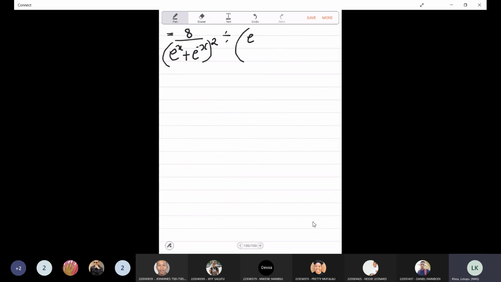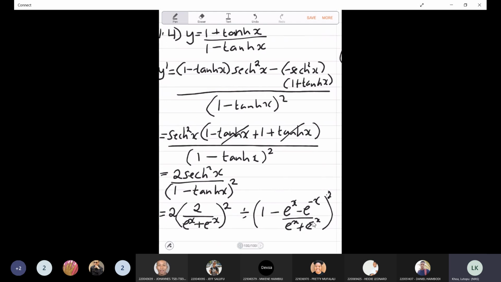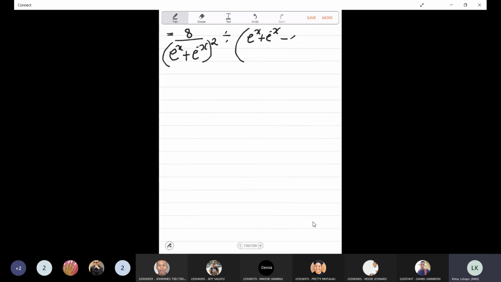So I have e to the x plus e to the minus x minus e to the x plus e to the minus x, everything over e to the x plus e to the minus x, like that.